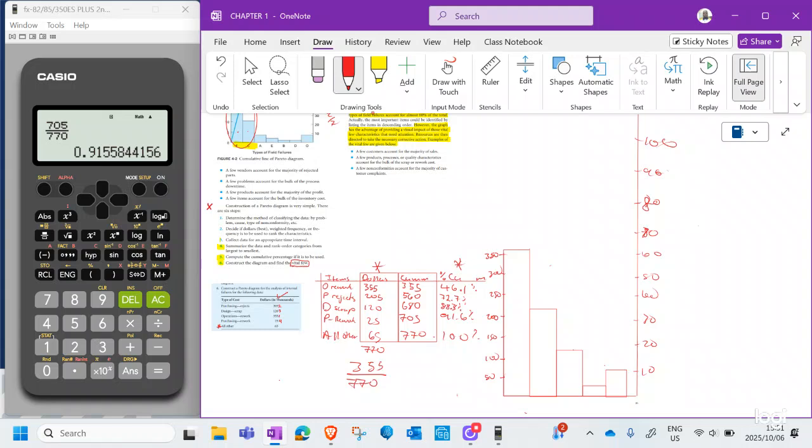It's around about 72. Oh no, it's fine. Then 88 here. This one is at 91.